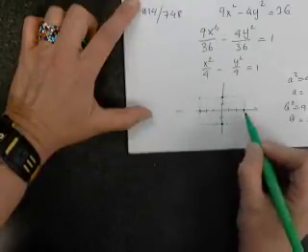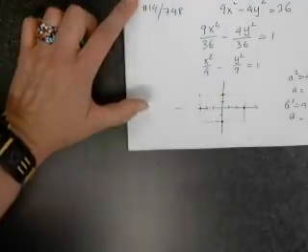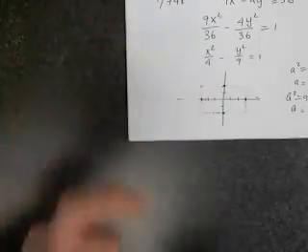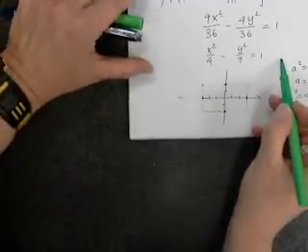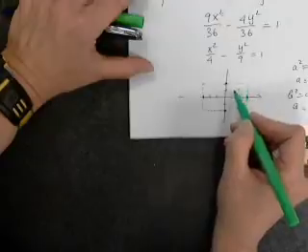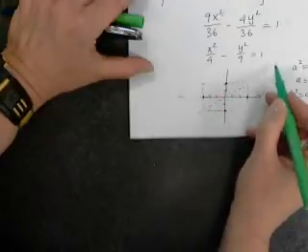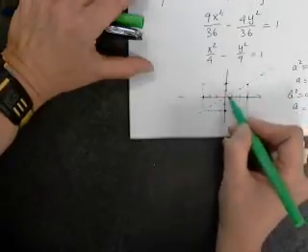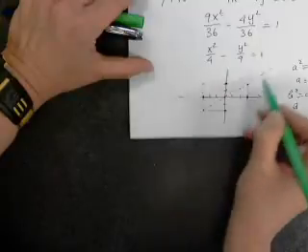It's not part of the graph, so please do not graph it as a solid box. Then I will draw lines through 3 points: this point, the origin, and this point.